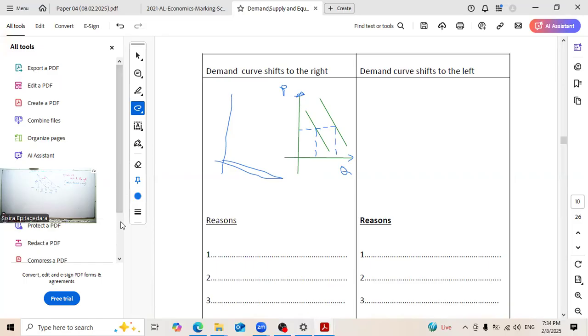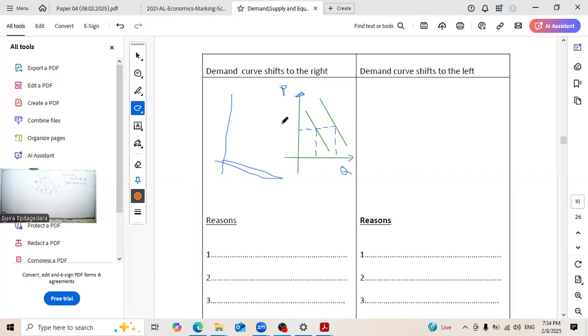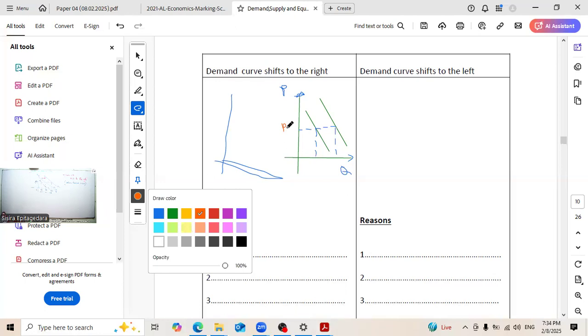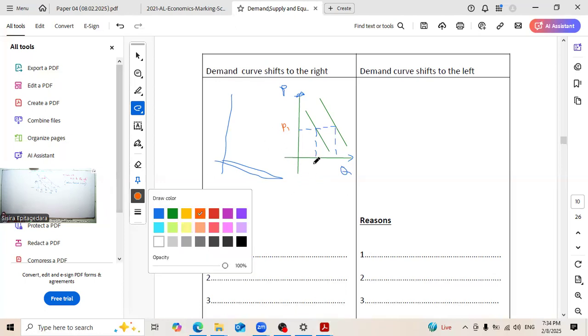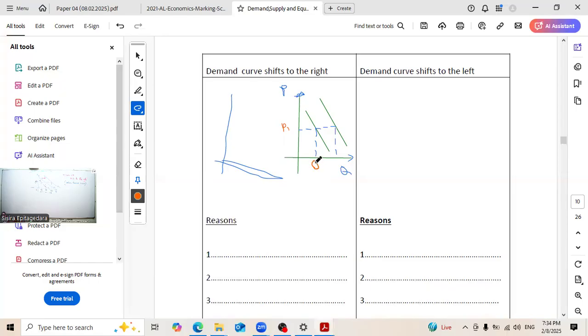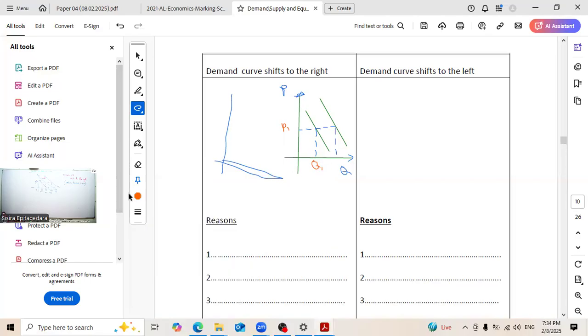This is P1, the price is P1. Here the quantity is Q1, Q2.